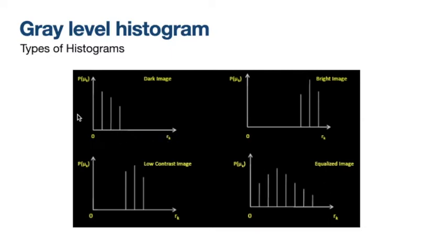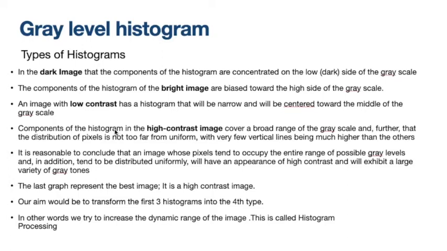A dark image histogram means the graph is concentrated on the lower side, or lower gray level values. See, it is concentrated to the left of the graph. So that is the dark image histogram.